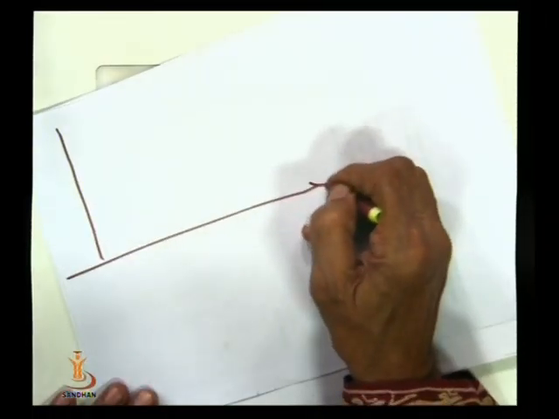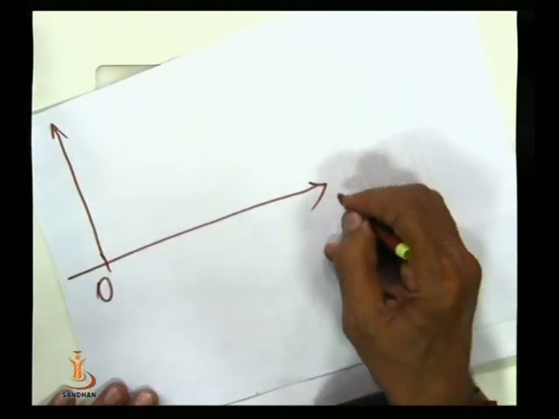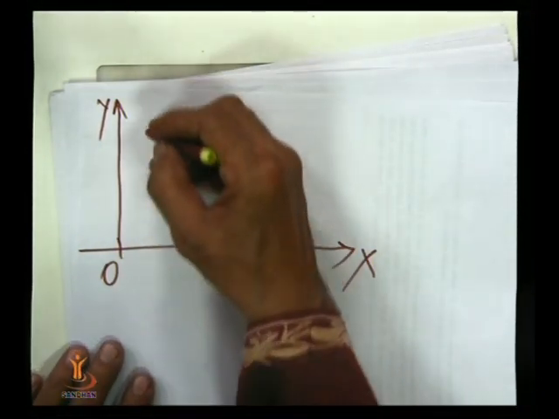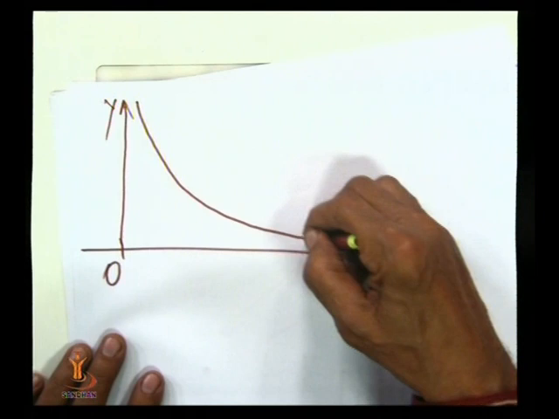Let me take some more results. Let me take the graph of the function f x equal to 1 upon x. If you draw the graph, it is like this.